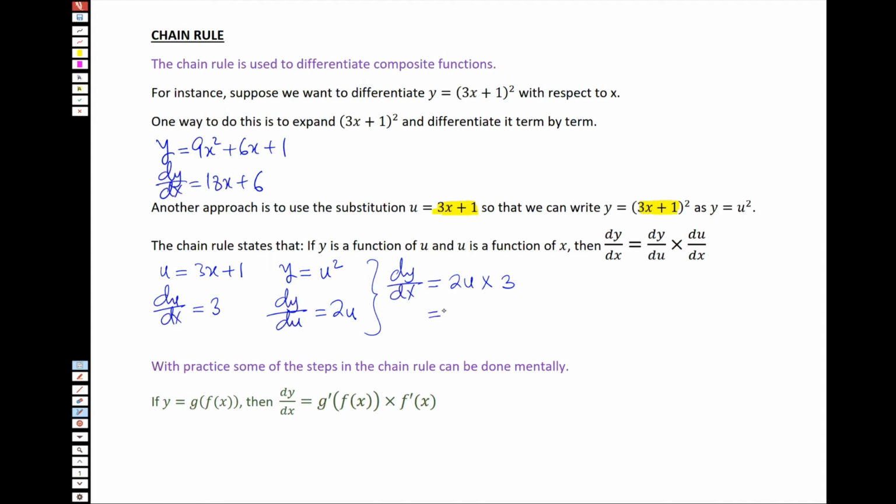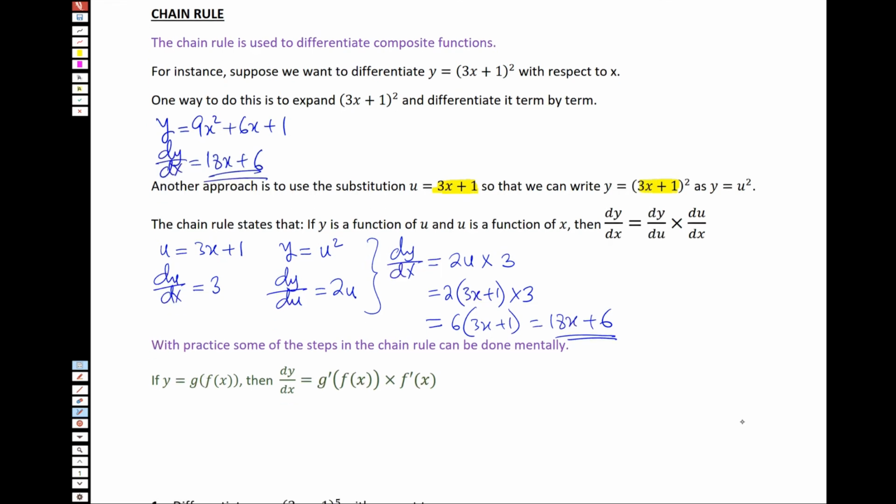So we'll end up with 2 into (3x plus 1) multiplied by 3, which can be simplified to 6 into (3x plus 1), and therefore being equal to 18x plus 6. And you can see that's similar to what we have here. So that's an alternative way on how you can differentiate this function.